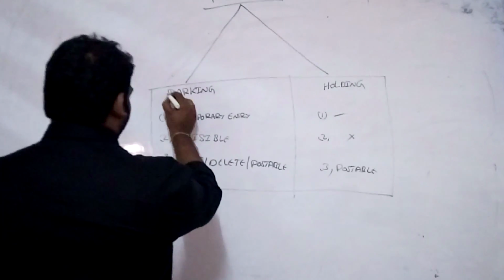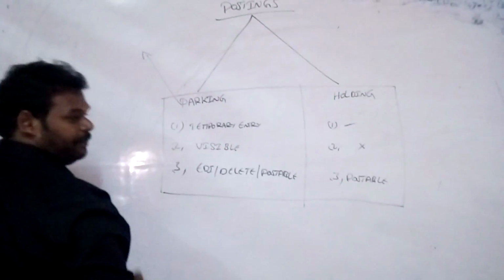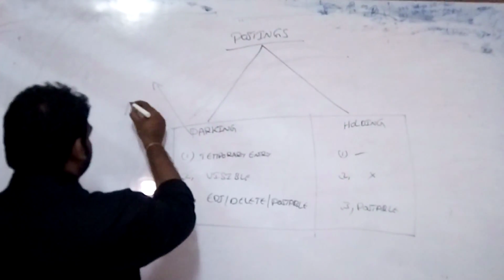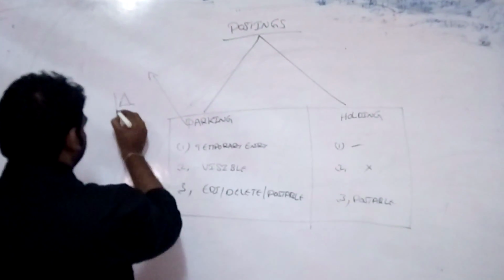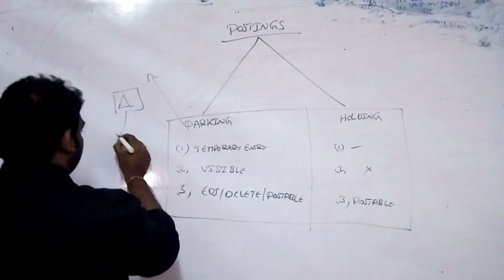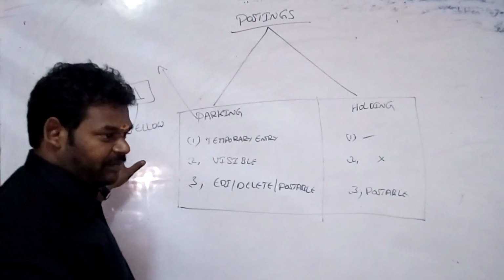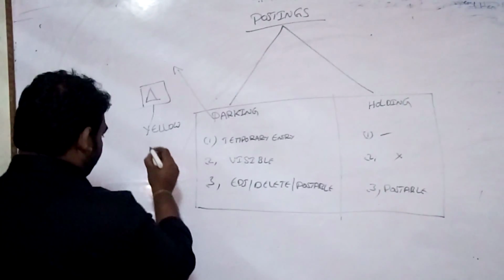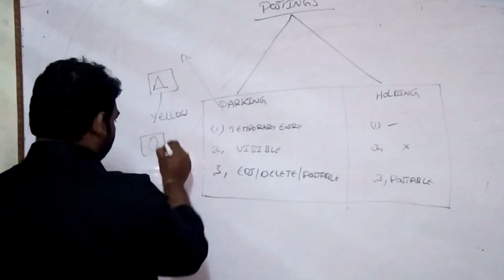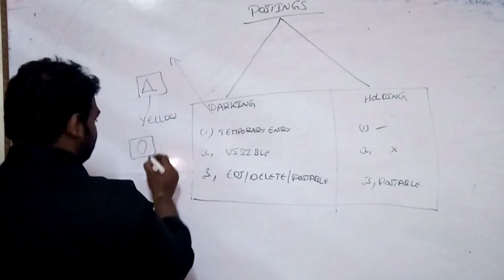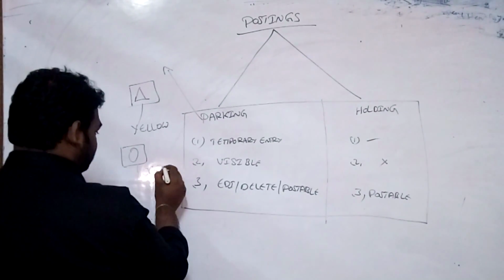The parking document can be shown in the report with a triangle symbol in yellow color. This is called a parking document. And if you see the red color, it means an open item status.